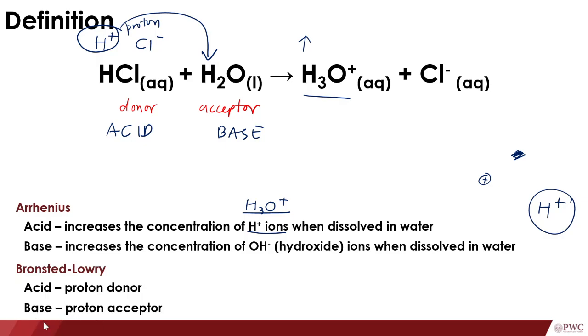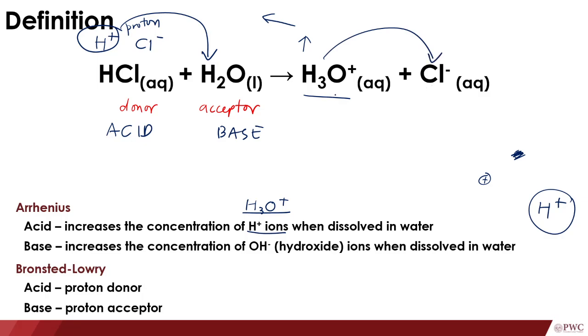Then if you look back here, of course there is a reverse reaction. If we focus on the reverse reaction, from H3O plus it can become H2O, and that is when this H3O plus will donate its proton back to the Cl minus.